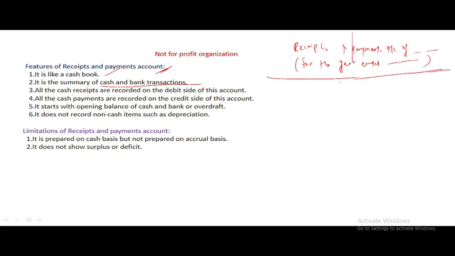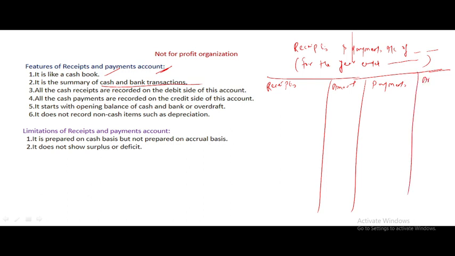In receipts and payments account there are 4 columns. Left hand side receipts, amount. Right hand side payments and amount.